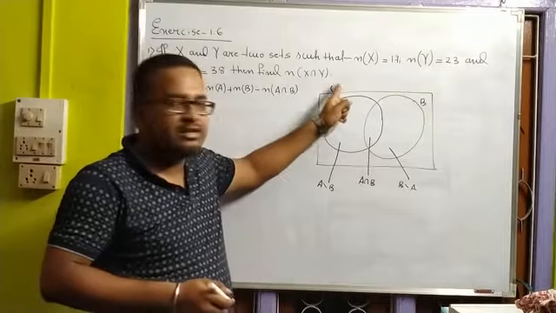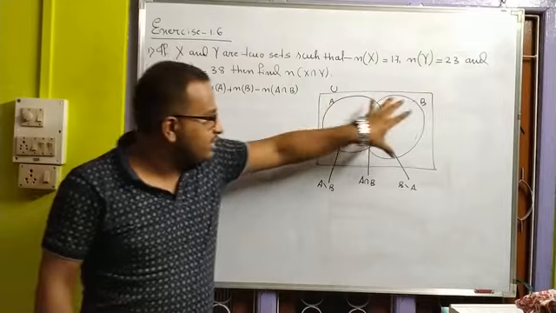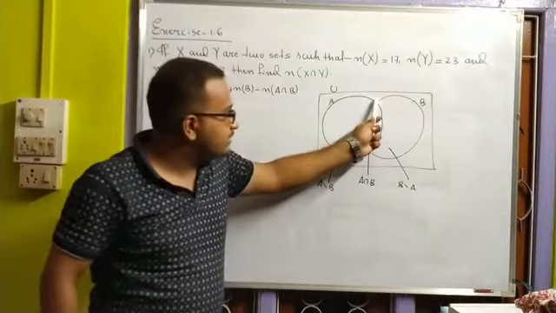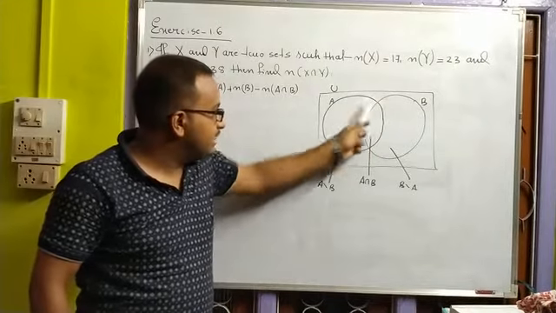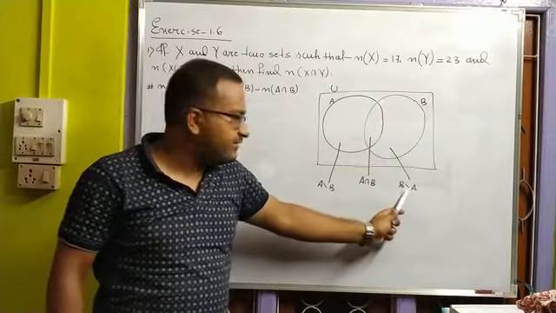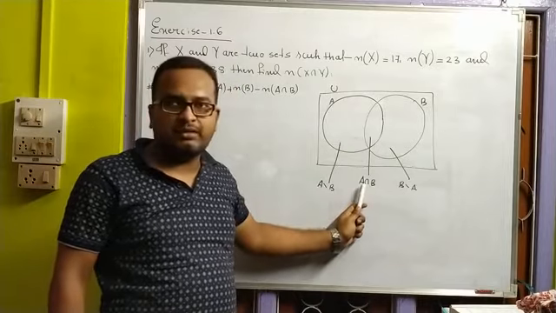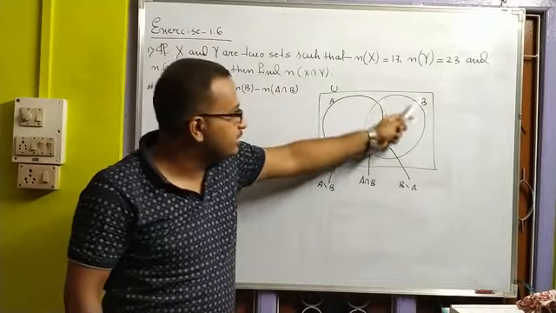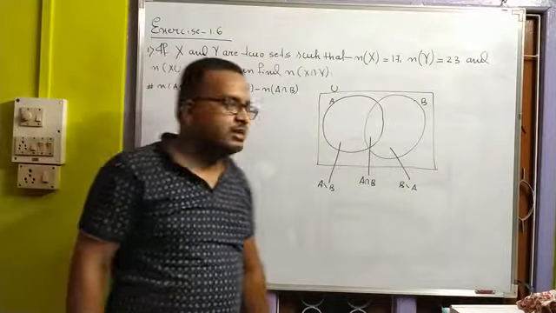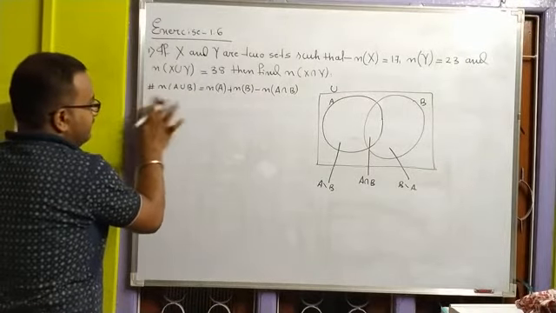So this region gives you A difference B, this region gives you B difference A, and this common region always gives you A intersection B. And the whole region gives you A union B.